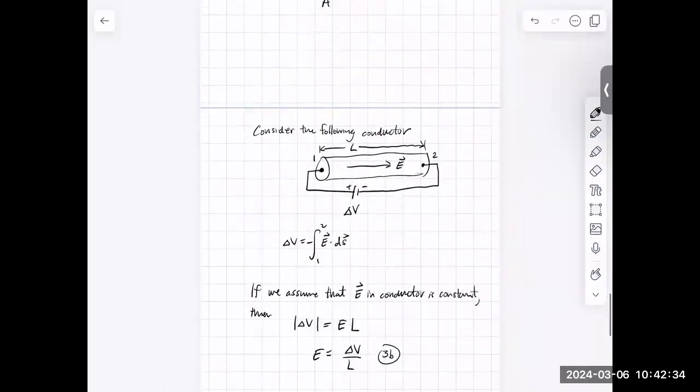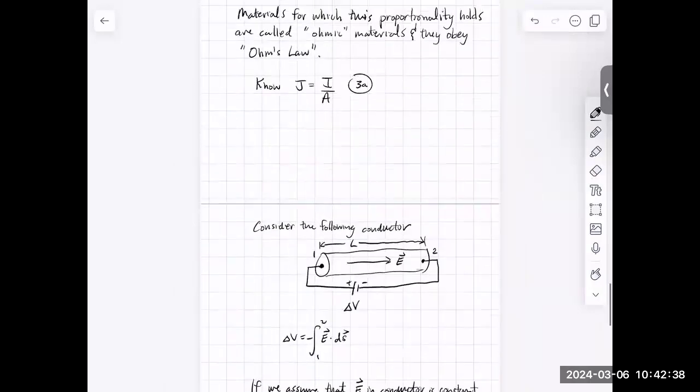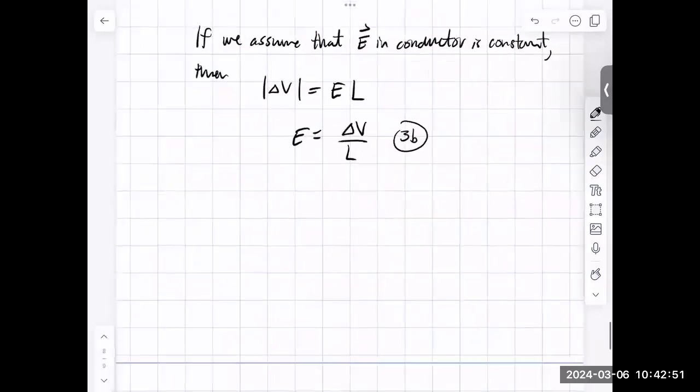And so how much can I get on here? So I'm going to take 3B, which is an equation for E, and 3A, which is an equation for J, and we're going to substitute that into equation 3. Okay? So let's sub 3A and 3B into 3.